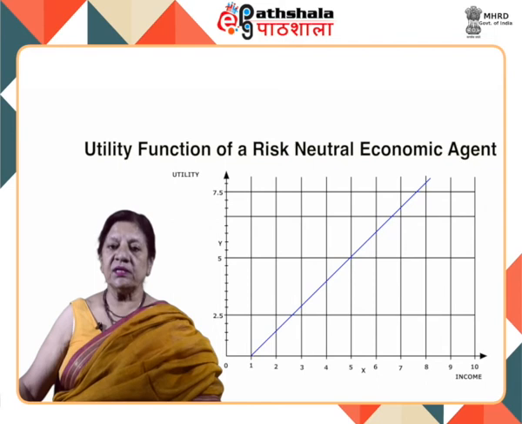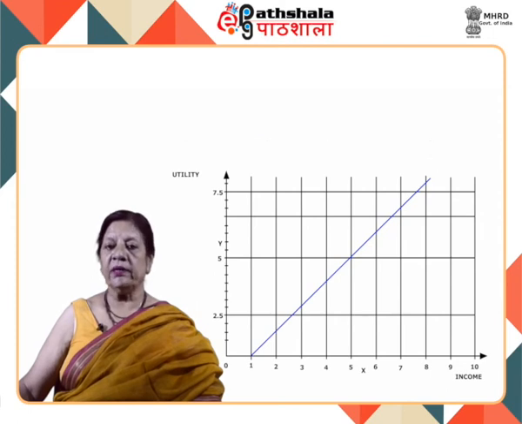Here it can be seen that the certainty equivalent of the risky proposition coincides with its expected value. There is no risk premium, with the individual being indifferent between a certain prospect and the expected income of a risky prospect. The individual or economic agent will prefer a higher income to a lower income.